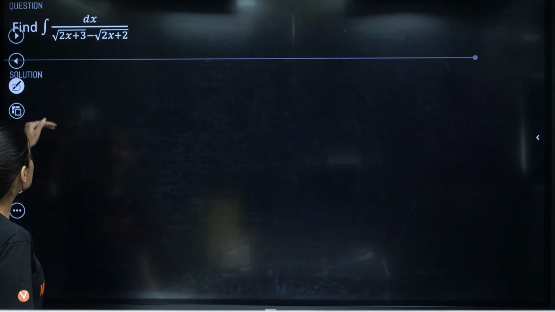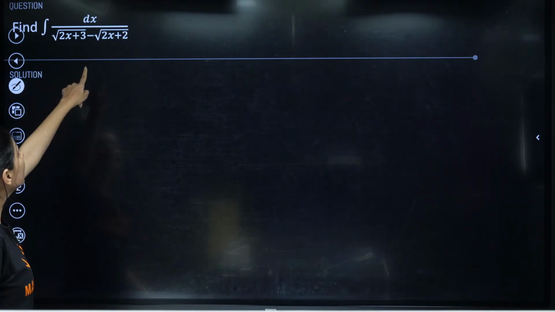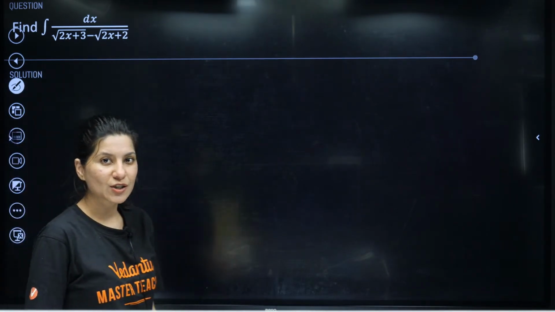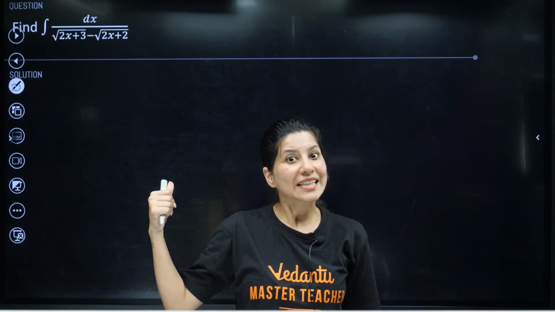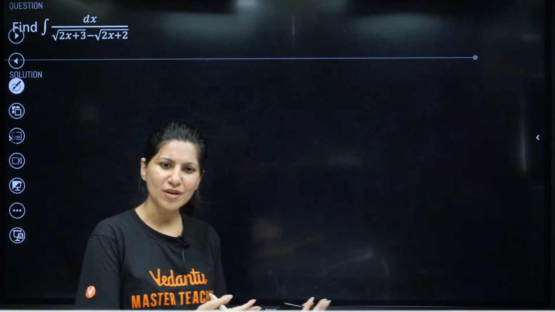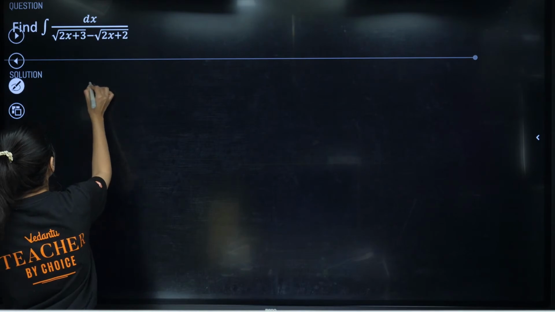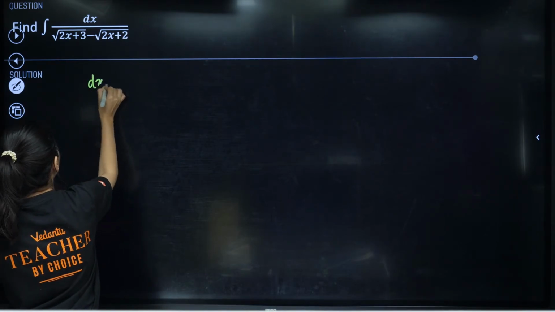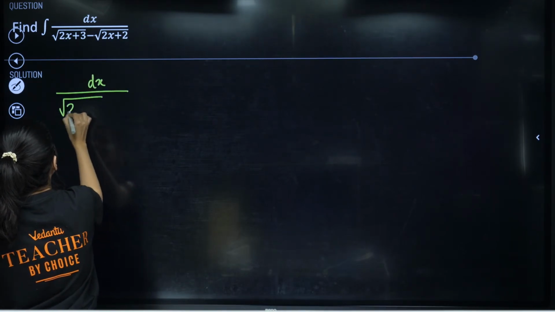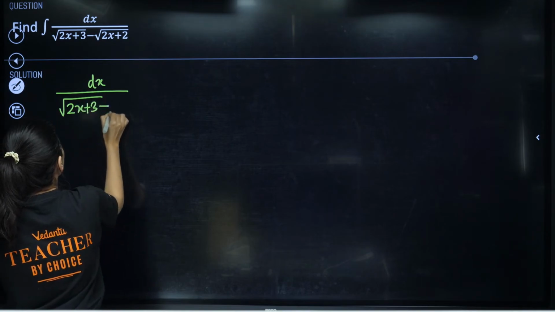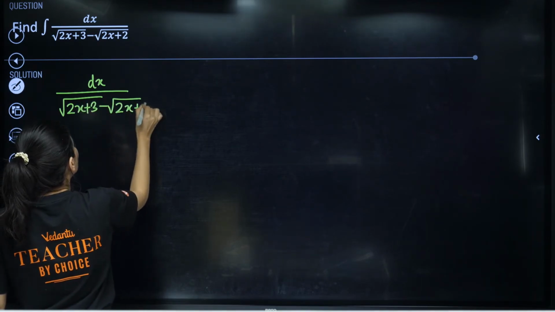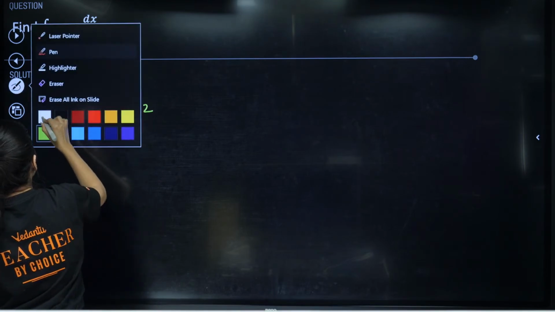Again, integral dx upon root 2x plus 3 minus root 2x plus 2. So again, simplification. This demands rationalization, so rationalize it right away. This is dx upon root of 2x plus 3 minus root of 2x plus 2. Correct?